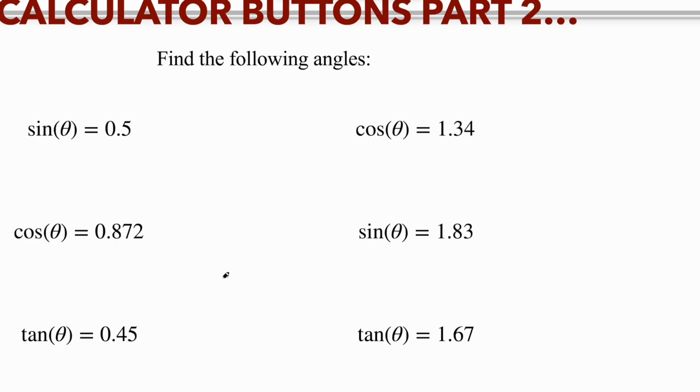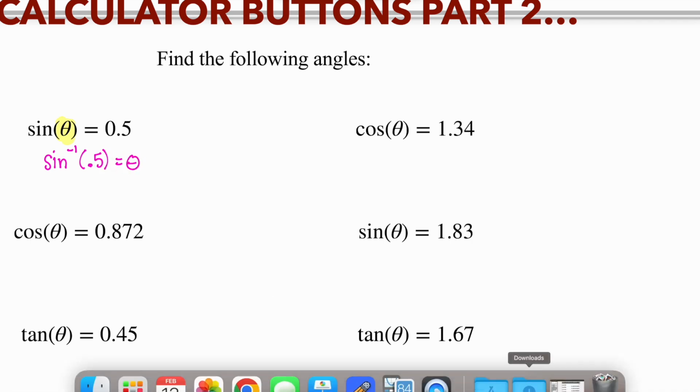Okay, now in this case, this is where we're going in reverse order, when you're actually trying to find the original angle that you had. So what they're saying is the sine of some angle is giving me 0.5. So in order to find what the angle is, you actually have to find the inverse. So any time you are trying to find an angle, you will actually do the inverse of that number.